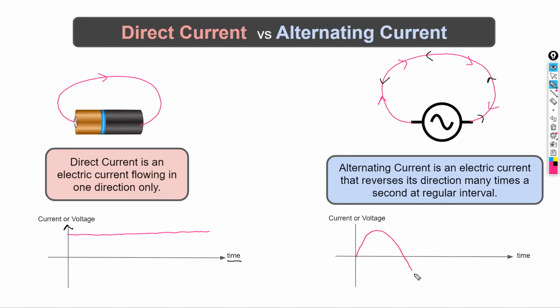Usually just have it like this. Pieces above and pieces below the x-axis. Whenever it's above, it's assumed that the current is flowing one direction. When it dips below the x-axis, it means the current has reversed direction, right? So take down everything on the screen there, including the diagram.